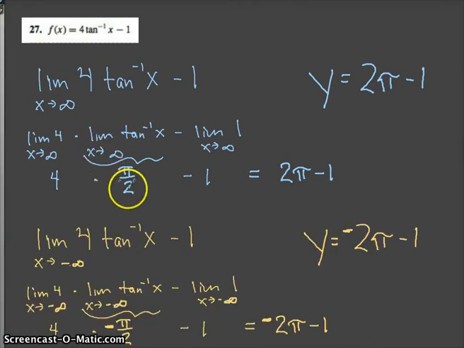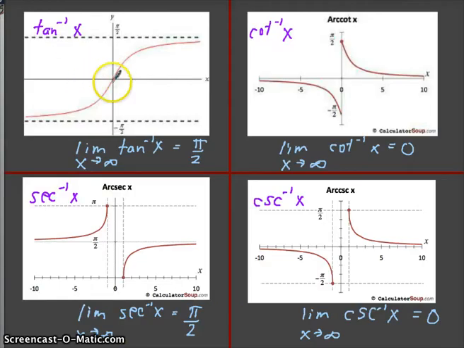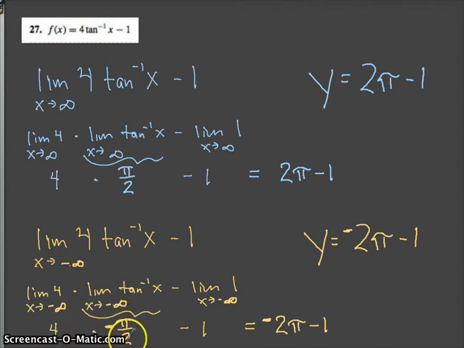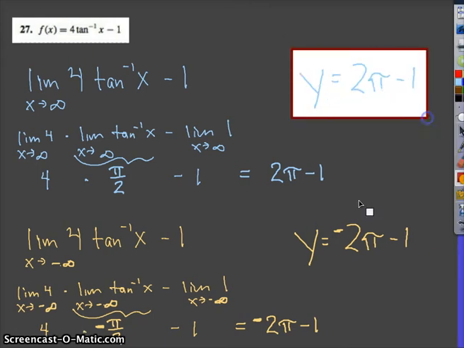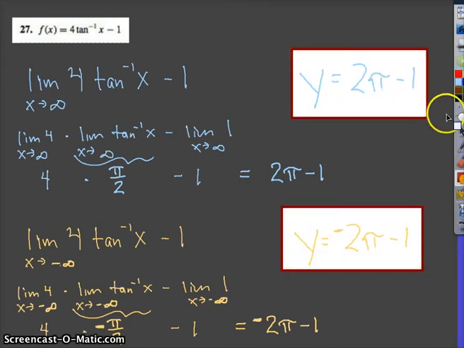We can see as we approach negative infinity, most of this stays the same except for the limit of the inverse tan. As x goes to negative infinity, the function goes to negative pi over 2. 4 times negative pi over 2 is negative 2 pi, minus 1. So here are our horizontal asymptotes.